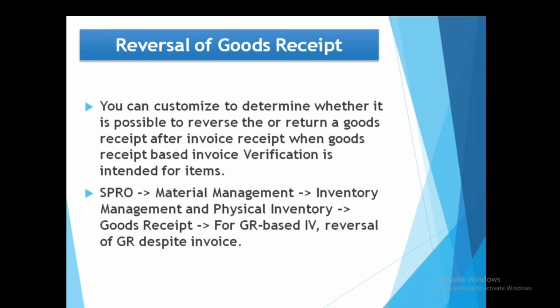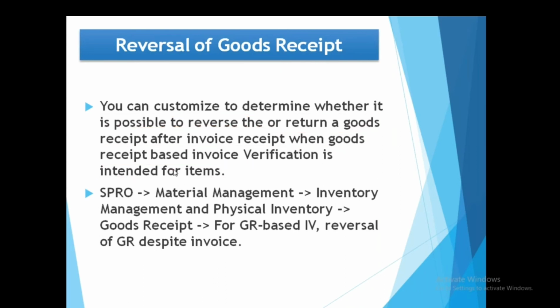Okay. So normally in our scenario, you can customize to determine whether it is possible to reverse or return a goods receipt after invoice receipt when goods receipt based invoice verification is intended for items.